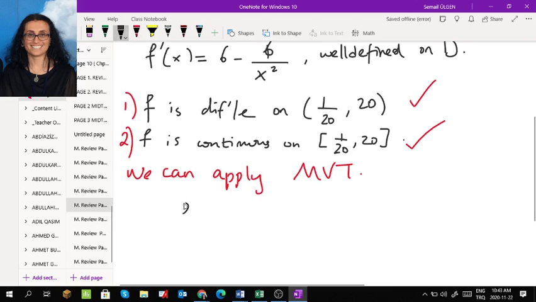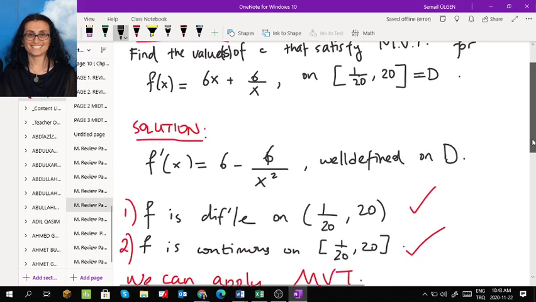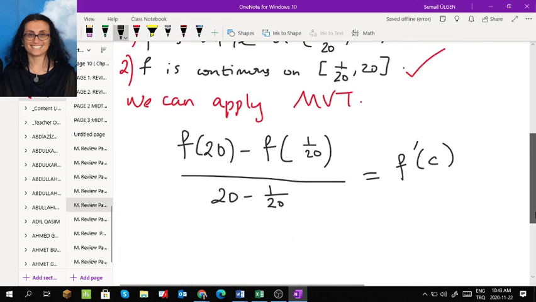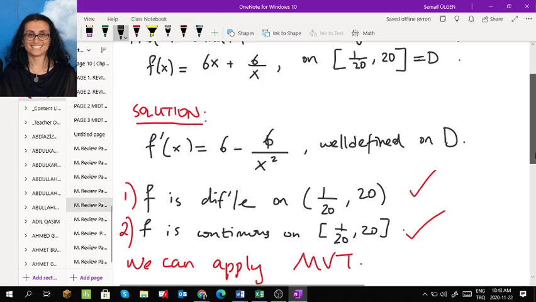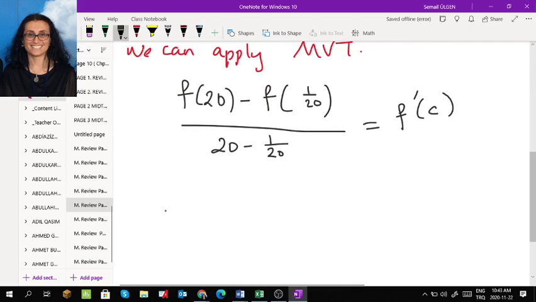f(20) minus f(1 over 20), over 20 minus 1 over 20, is equal to the derivative of f at a point c, where c is in this interval. They're asking about finding all values of c that satisfy that. What's f(20)? Let's calculate it. It's 120 plus 6 over 20.